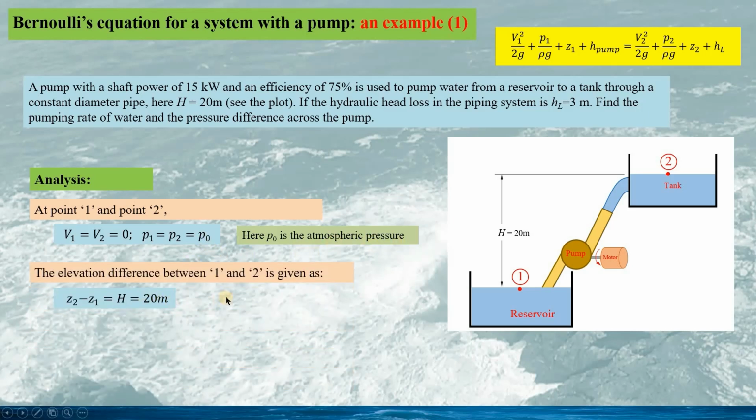And the elevation difference between 1 and 2, Z2 minus Z1, equals h, which is 20 meters. And the head loss between 1 and 2, HL, equals 3 meters.